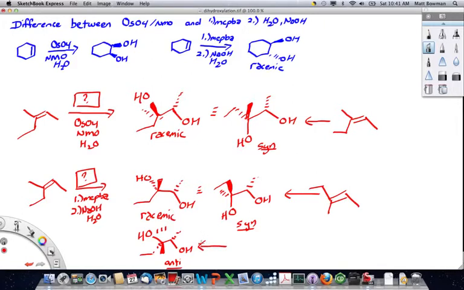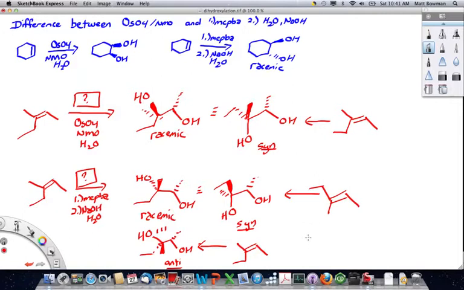And when we go figure out what alkene that came from, that ethyl group and that methyl group are dashes, so they end up cis to each other. That methyl group and that methyl group, one's a wedge, one's a dash, so they end up trans to each other. And we get this, and this matches our starting material here.